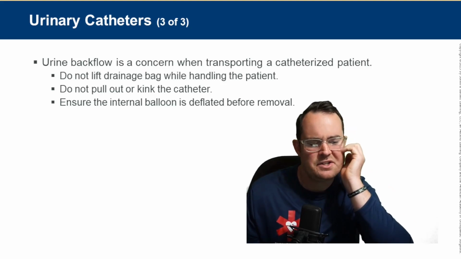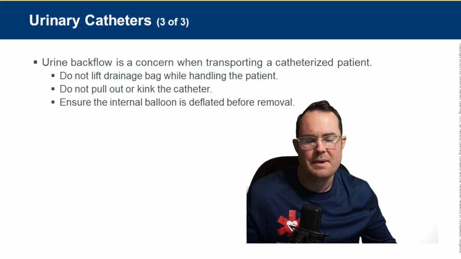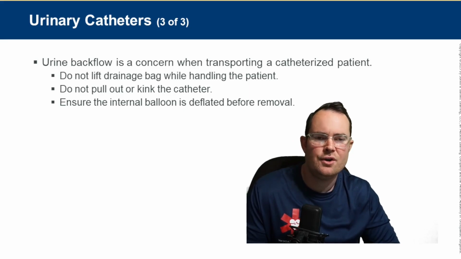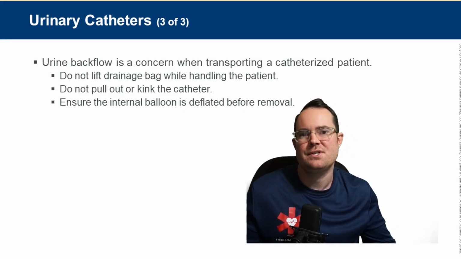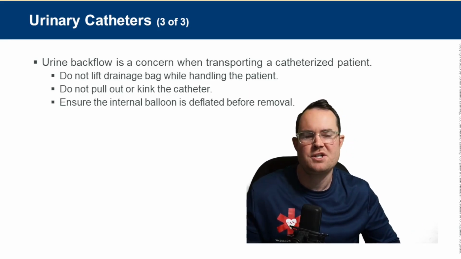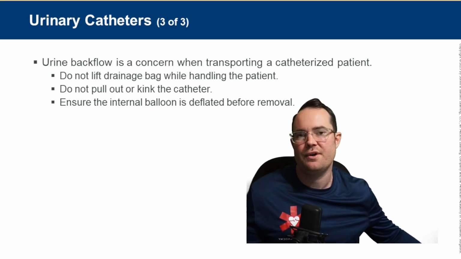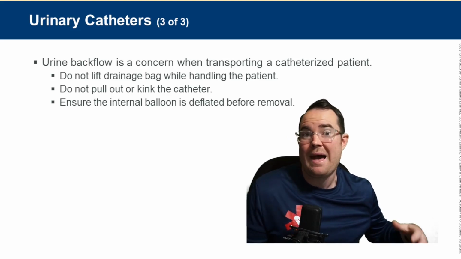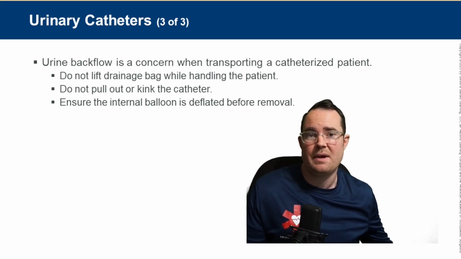One thing about these catheters that we as paramedics or even EMTs need to know is we're going to be running some of these patients that have them at home. Some of these patients might be in a bed, and you'll see the urinary catheter bag on the side of the bed.